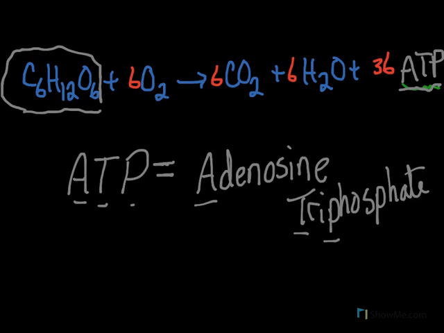With a smaller currency, 36 ATP out of that, you have 36 units of energy that you can use for all of your different processes. It's not going to use all the energy in glucose up in one process. So to make it smaller and more useful, our cells convert the energy from glucose into ATP.